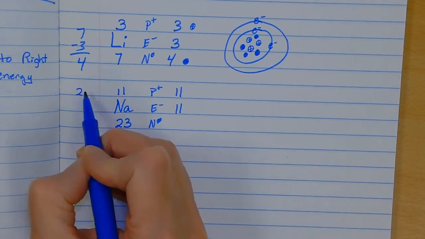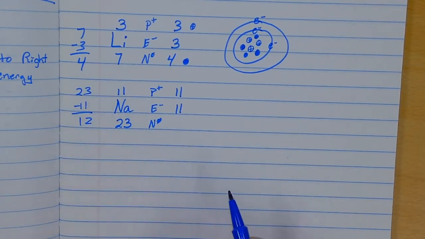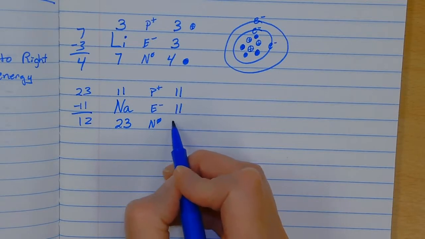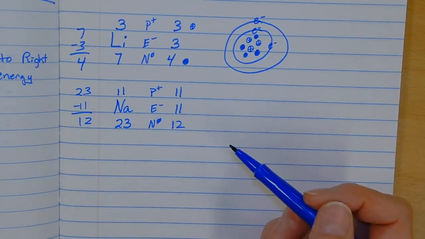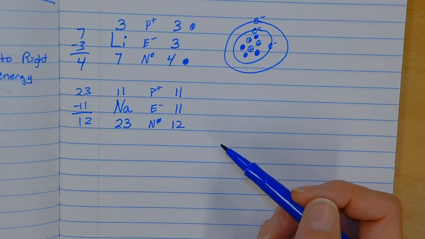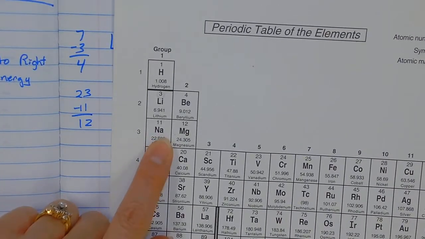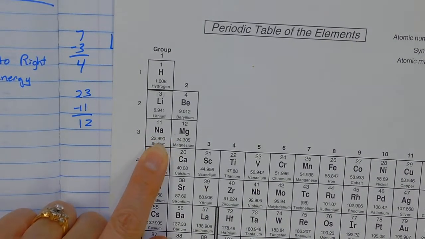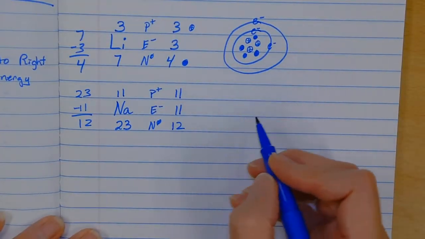So 23 minus 11 is going to give me 12. So I have 12 neutrons. So 11 protons, 11 electrons, and 12 neutrons. Sodium is in period 3. So I need 3 energy levels. So I'm going to draw 3 circles.